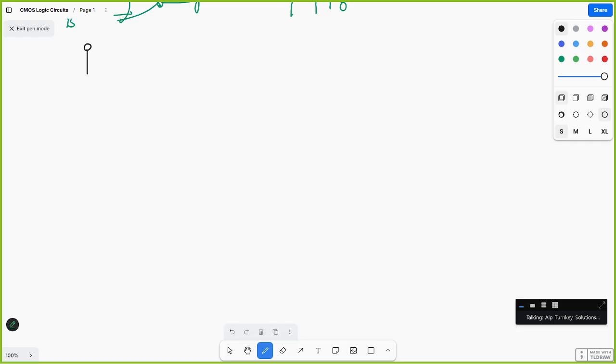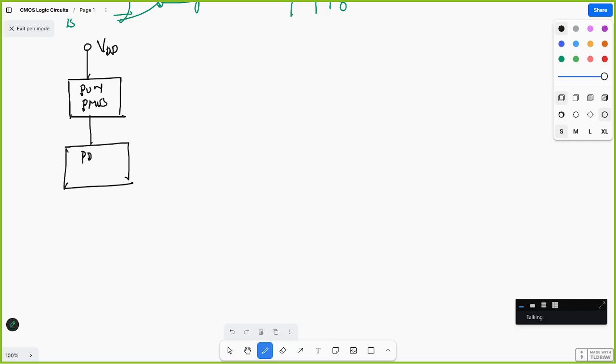This is VDD, and this is the pull-up network, with PMOS, and the pull-down network, with NMOS.